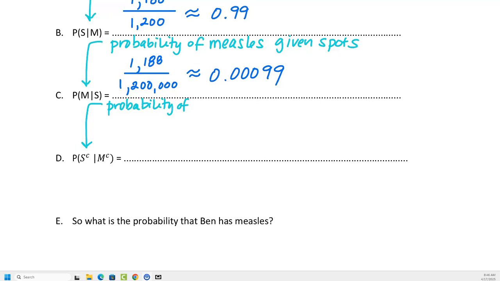Well, the complement of S is no spots, right? Because S is spots. So the complement would be no spots given the complement of M. M is measles, so that would be no measles.